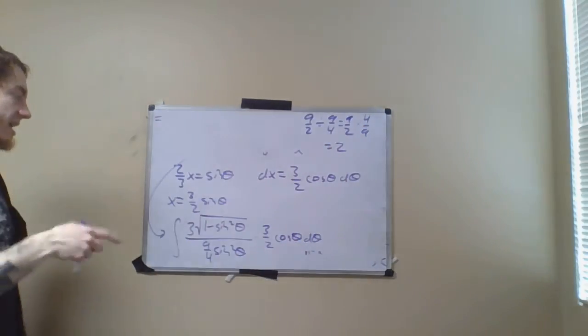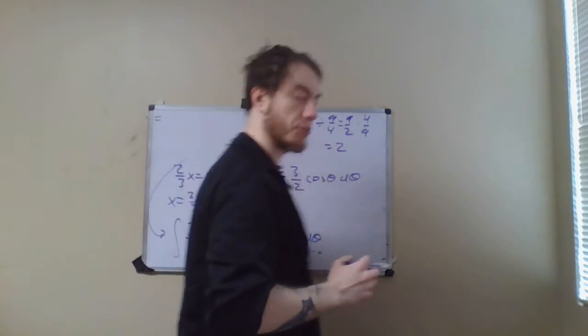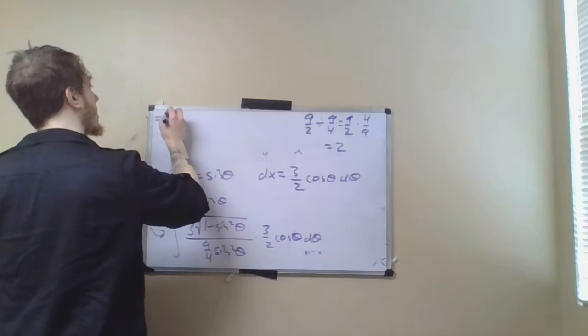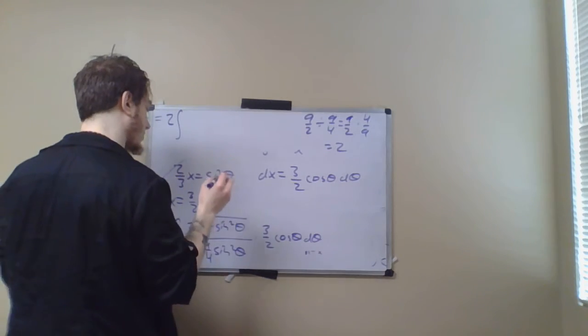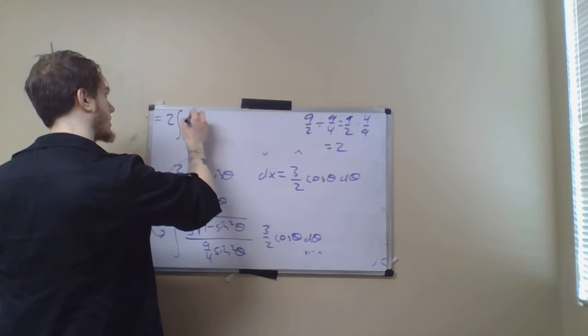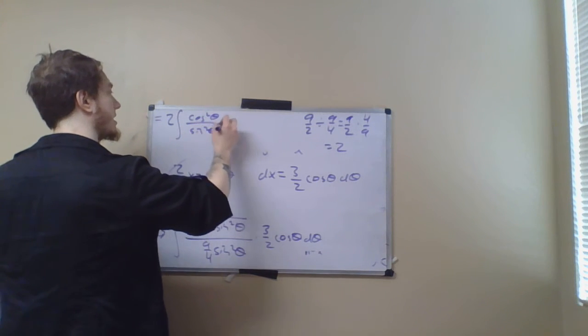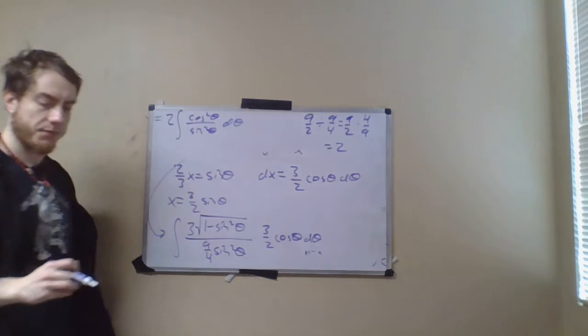Just in case you were having trouble seeing where those fractions came from, this comes out to be 2. So this is going to become 2 times the integral of cosine squared theta over sine squared theta d theta.